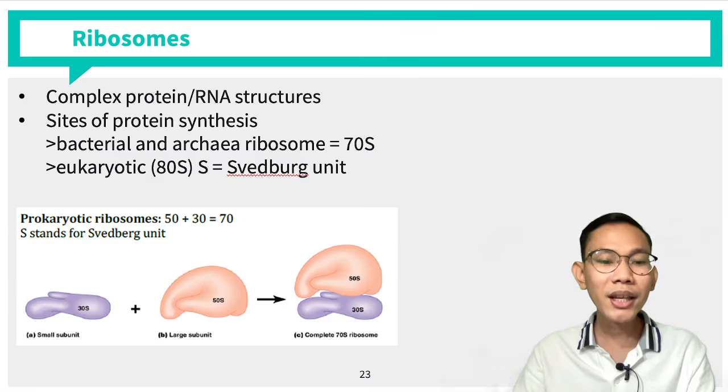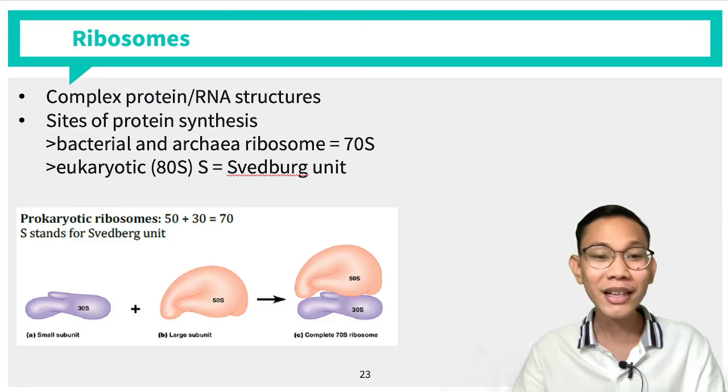For eukaryotic, it is 40 for the small subunit, 60 for the large subunit, and 80 for the complete ribosome. So you just have to add plus 10. Plus 10 ka lang dyan sa result. That's gonna be your eukaryotic.